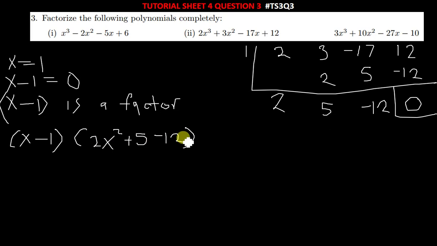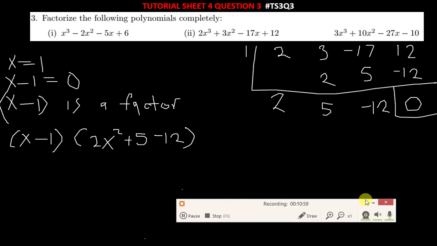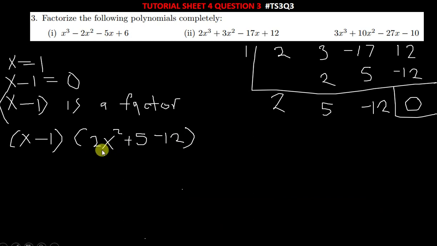So let's try to see two numbers that multiply to give us negative 24, and when we add them they'll give us 5. These two numbers are simply negative 3 and 8.